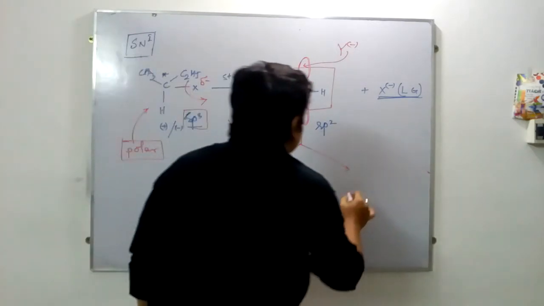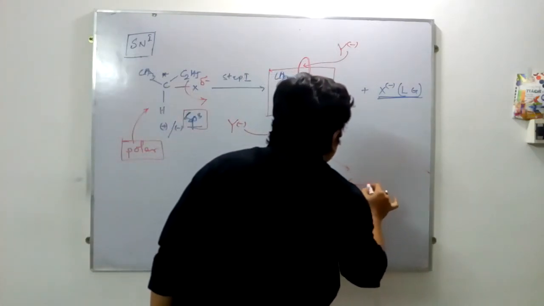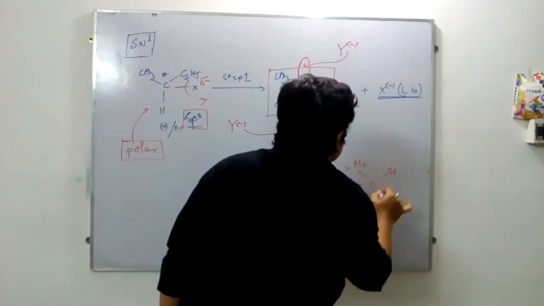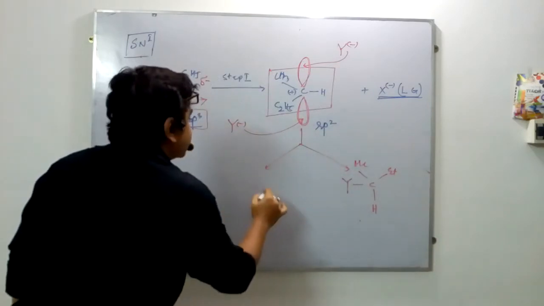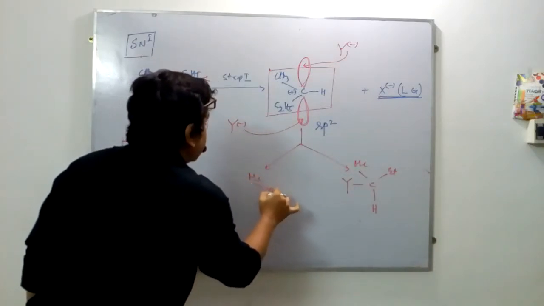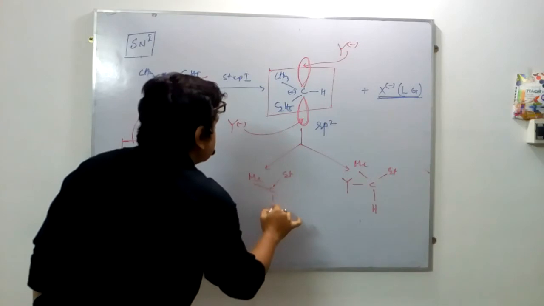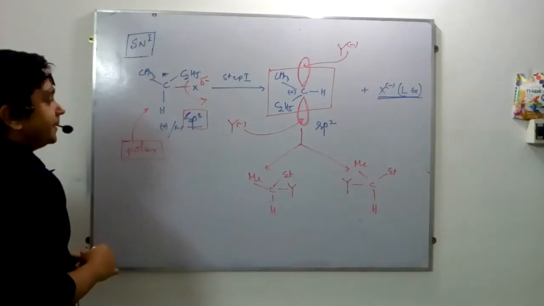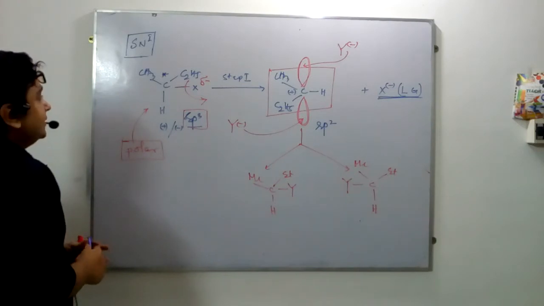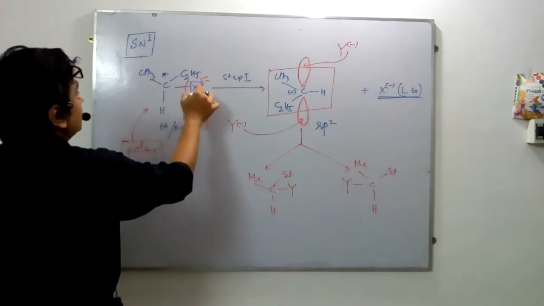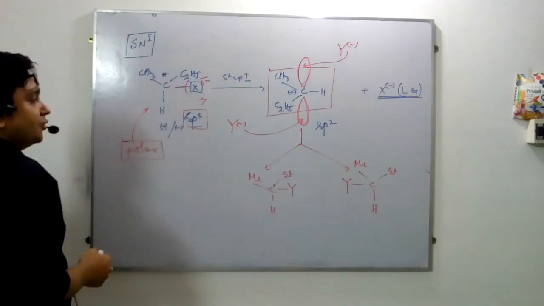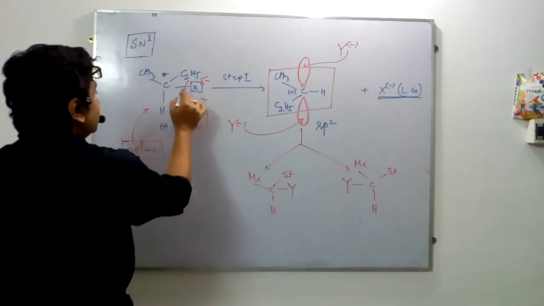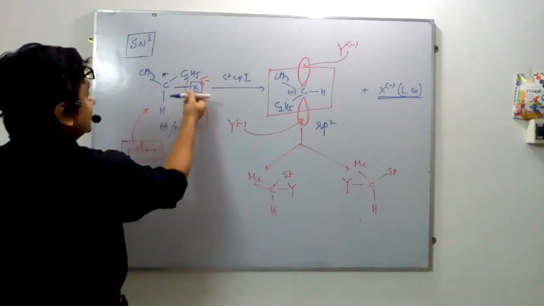What are the two compounds? Suppose one compound is in the direction of X and the other compound is in the opposite direction of X. Therefore, the summary of the reaction is that we are replacing this nucleophile with a new nucleophile known as Y, and Y is taking position exactly in that direction where X was fixed.